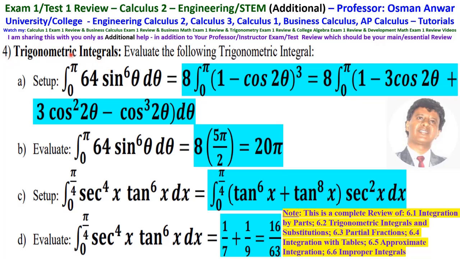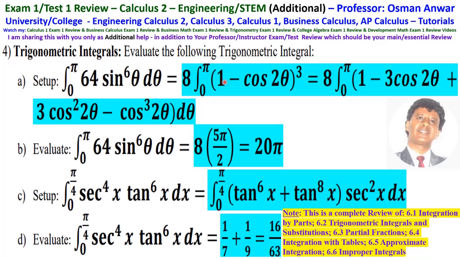Number 4 is trigonometric integrals. Evaluate the following trigonometric integrals. It is 64 sine to the 6th theta d theta, and that is equal to, we're going to convert sine to the 6th theta to sine squared theta all cubed, and sine squared theta is 1 over 2 times 1 minus cosine 2 theta, and 1 over 2 cubed is 1 over 8. 64 divided by 8 is 8.